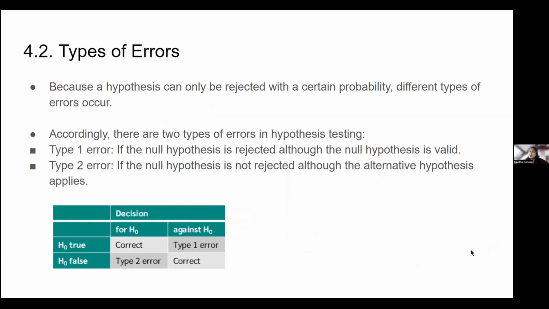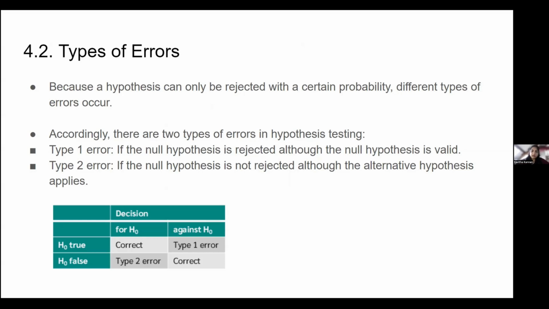And this part about hypothesis testing is actually important, mainly because one can get into different kinds of errors, as we call them in statistical terms, because you can only reject a hypothesis with a certain probability, since different errors can occur. So, for example, say you have the criminal.